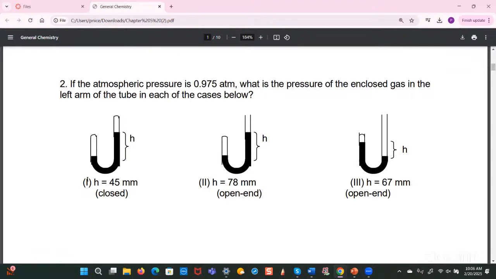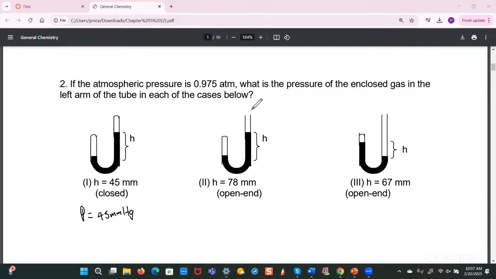So the answer for this one, believe it or not, is that the pressure of the gas trapped on the left side is simply 45 millimeters mercury. There's only gas on the left side, so the height difference is equal to the pressure of the gas trapped on this side. Okay, so that's in the case of this setup.